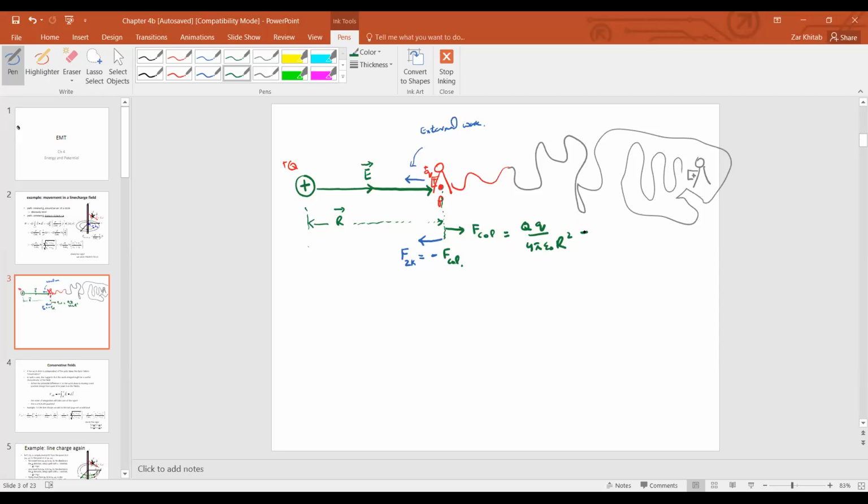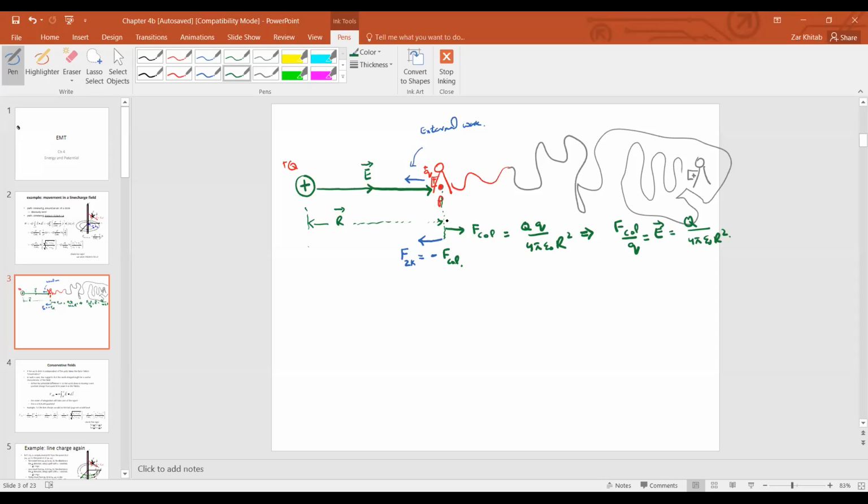And from this Coulombic force, if I try to find out the intensity, F Coulombic divided by Q, the Coulombic force over this small positive charge which is in my pocket, is equal to electric field intensity, which will be equal to capital Q divided by 4 pi epsilon naught r square.